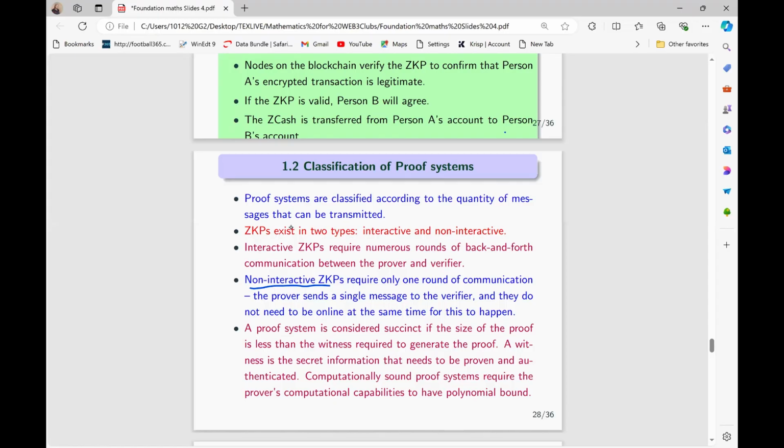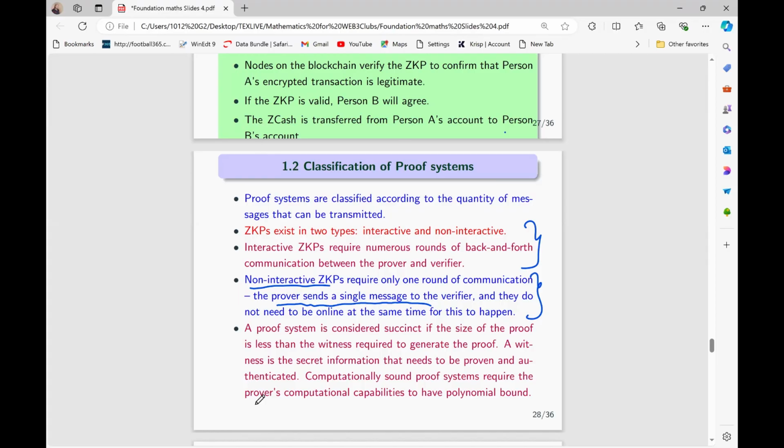But now look at this: the prover only sends a single message to the verifier, and the verifier is convinced by that response. But for the interactive one, the verifier is trying as many questions as possible. These non-interactive proofs are the best zero knowledge proofs for blockchain.